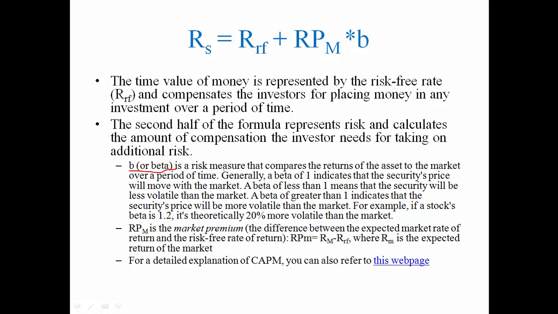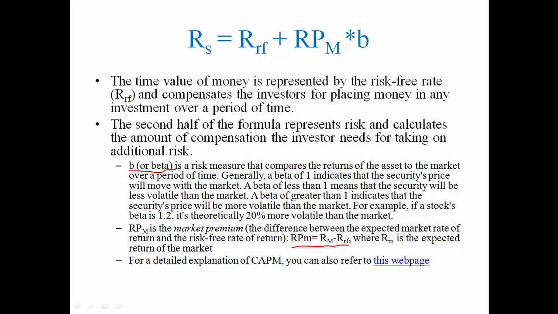A beta of greater than 1 indicates that the security's price will be more volatile than the market. For example, if a stock's beta is 1.2, it's theoretically 20% more volatile than the market. The RPM is the market risk premium, which is the difference between the expected return from the overall stock market and the risk-free rate of return. So RPM equals the market return minus the risk-free return.